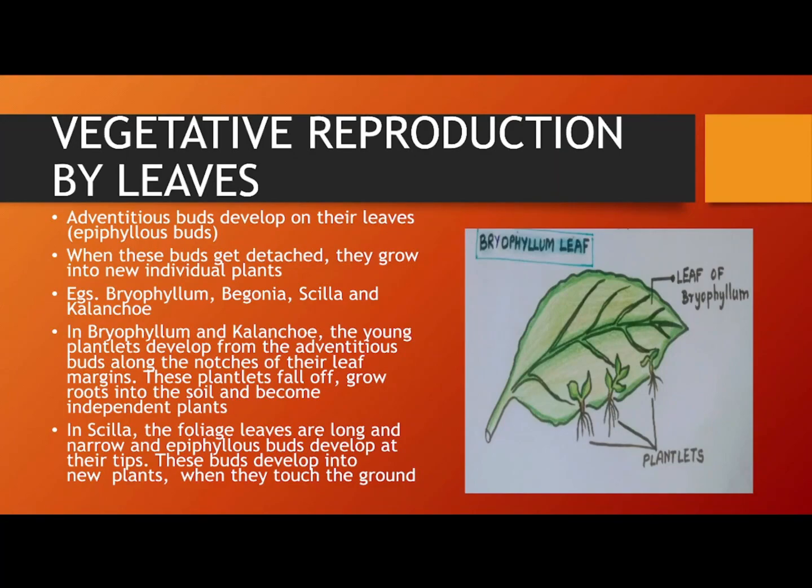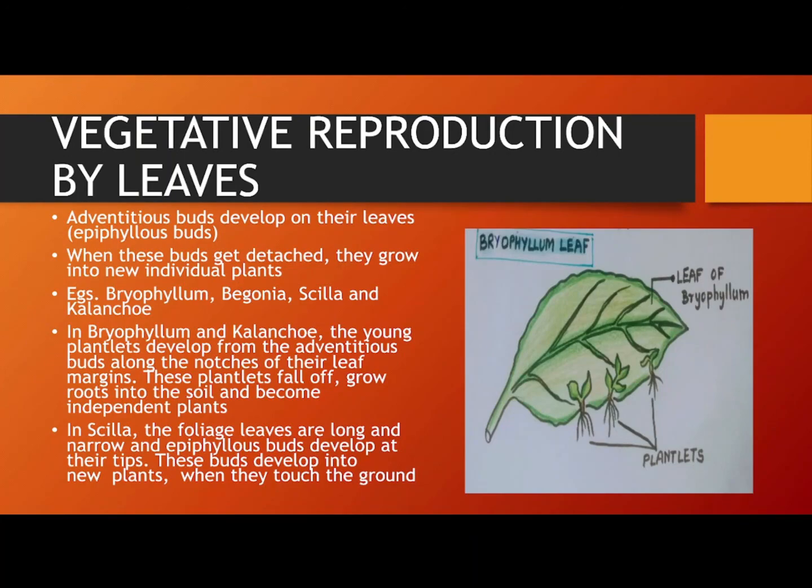Now let us see the third topic, vegetative reproduction by leaves. Sometimes in some plants the leaves develop buds on their surface or on their midrib. Such buds are called epiphyllous buds. Epi means above, phyllo means leaf, so buds developing on the leaves.